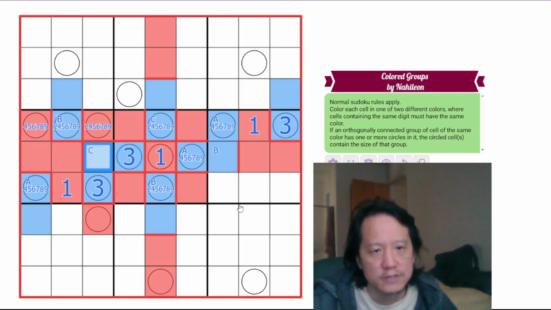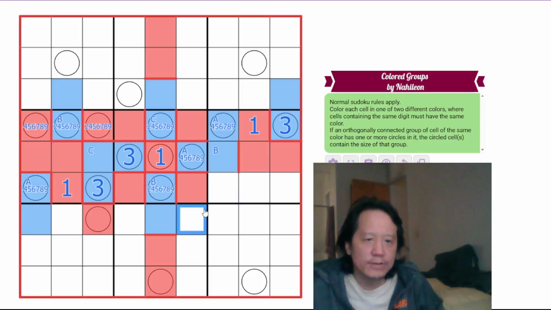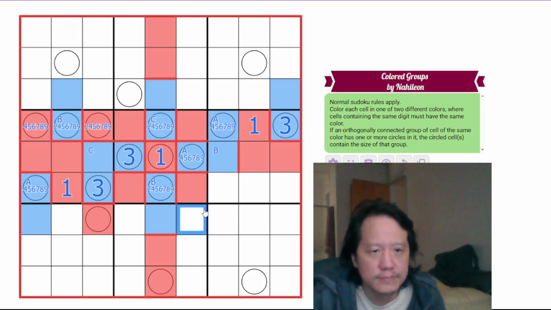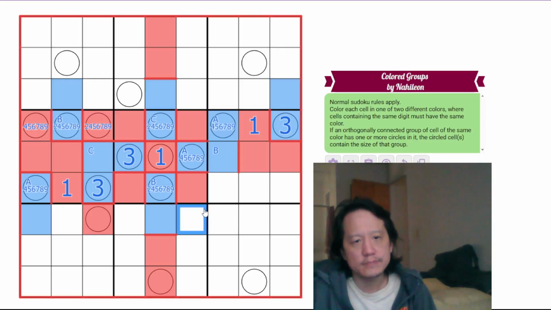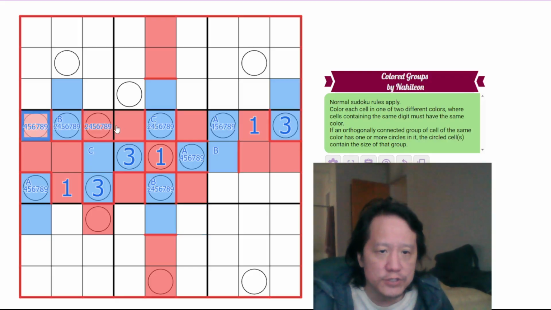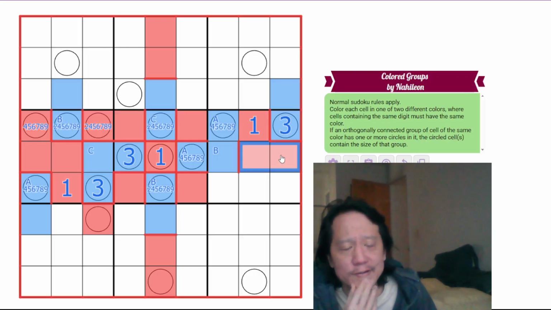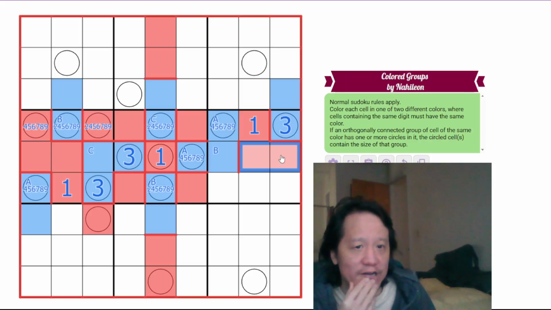So that's C, C, and one of these is C here. These two digits here must match these, which must match those two here. What does that mean? I don't really know.